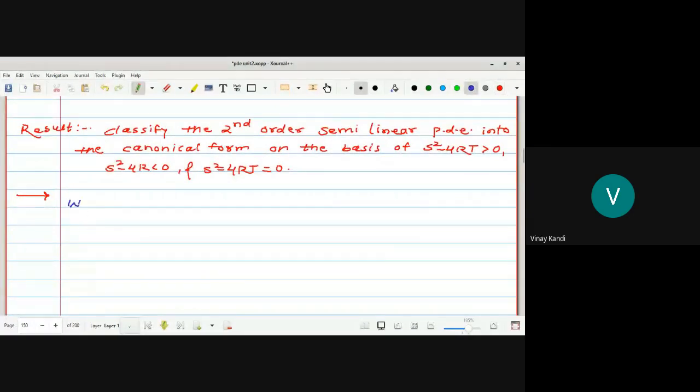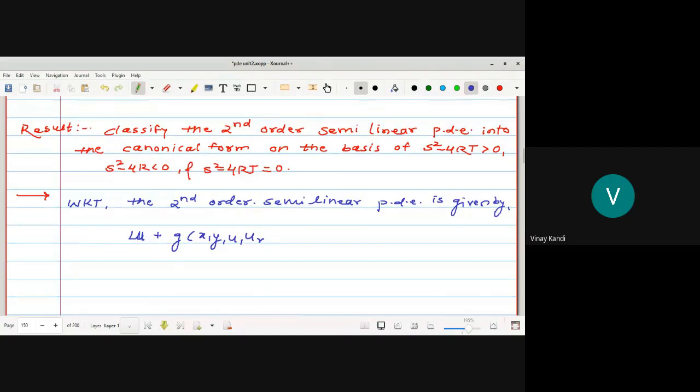We know that the second order semi-linear partial differential equation is given by Lu plus g of x, y, u, ux and uy, which is equal to 0.